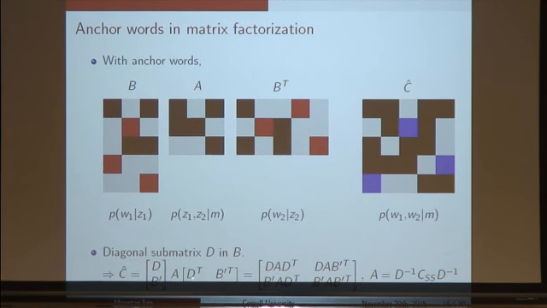And there's already one interesting correspondence. If I look at this first block after the re-enumeration, then D A D transpose will correspond to a certain block of the co-occurrence matrix.